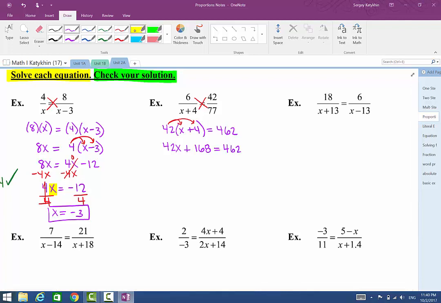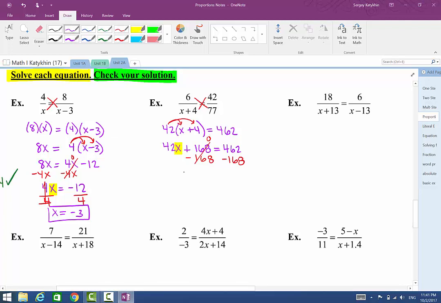Now notice this is a two-step equation which we covered. We need to solve for x. The first thing we have to do is subtract 168 from both sides. Well, when we subtract 168 from 168, that will actually give us 0, as you can see there. But then we have to take 462 and subtract 168, and that gives us 294.